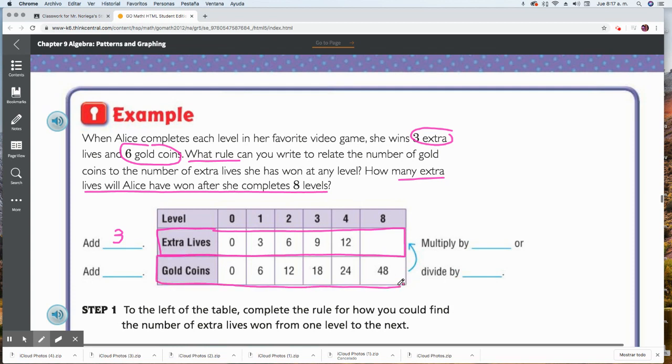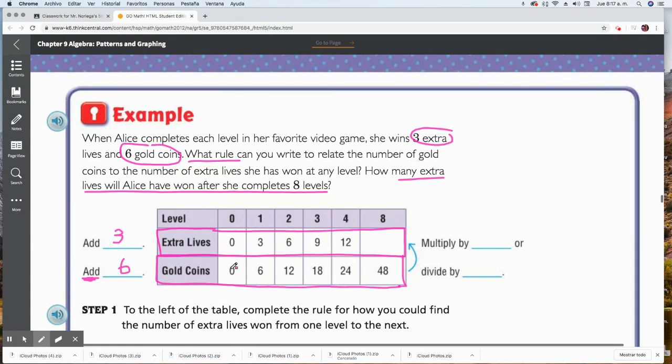What do I need to do to this first number to equal 6? Again, the magic word is add. So what number plus 0 equals 6? And the answer is 6.